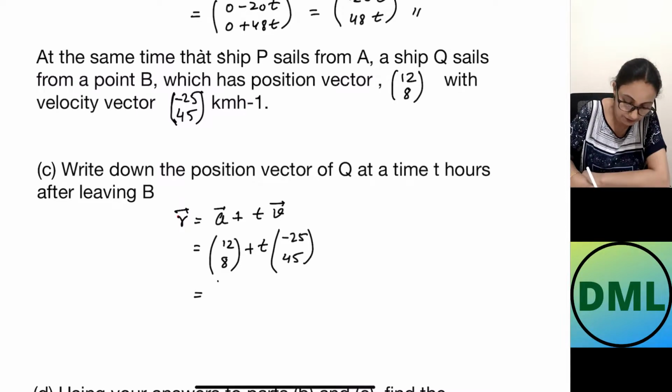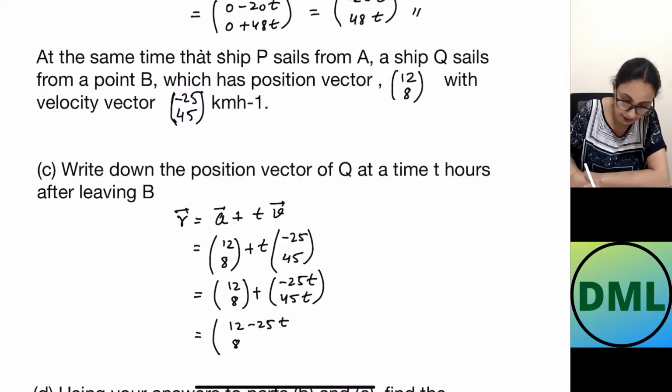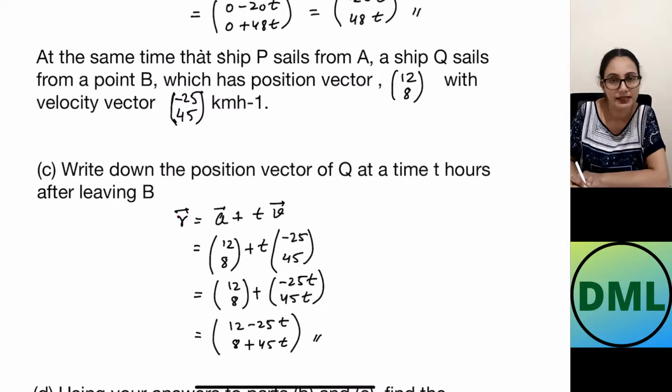So if I add it, it will be (12, 8) plus (-25t, 45t), which will be equal to (12 - 25t, 8 + 45t). This will be the position vector of Q after t hours.